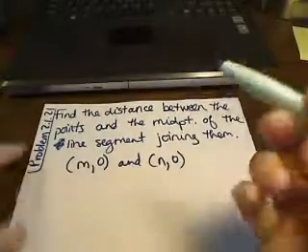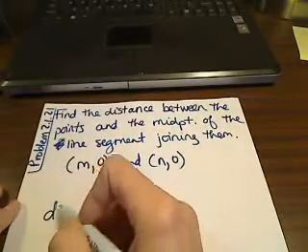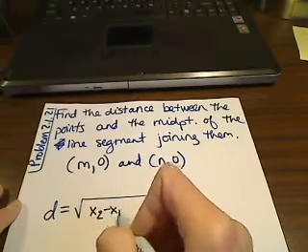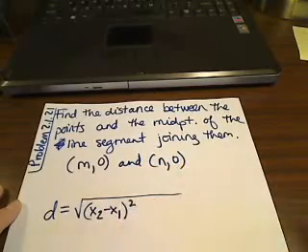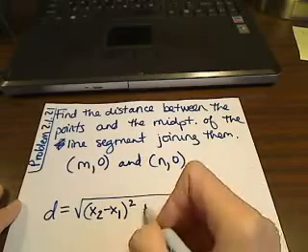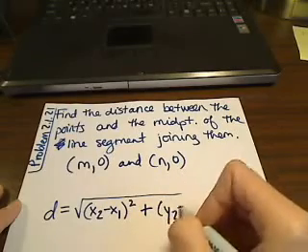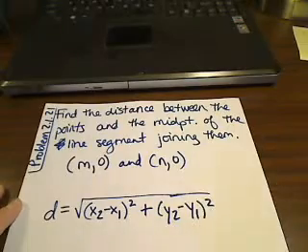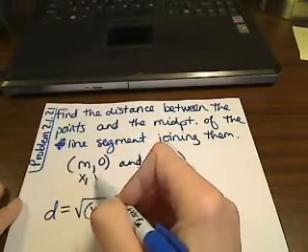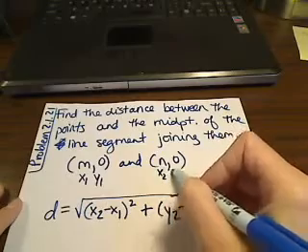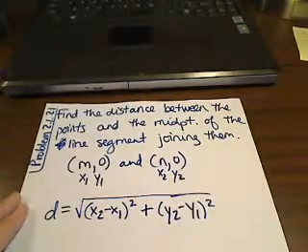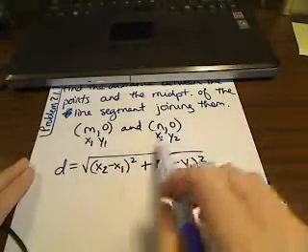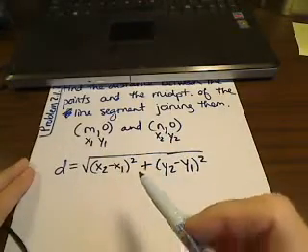All right, so the first thing is the distance formula is this one right here. It's the square root of x2 minus x1 quantity squared, plus y2 minus y1 quantity squared. If I label these, this is x1, y1, and this is x2, y2, then I can just plug these pieces in and evaluate this.